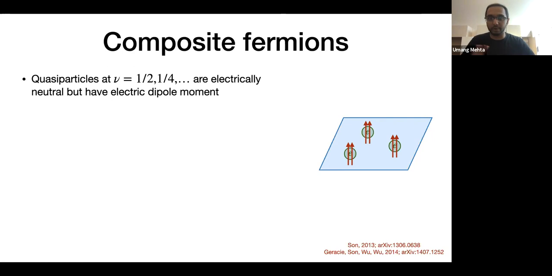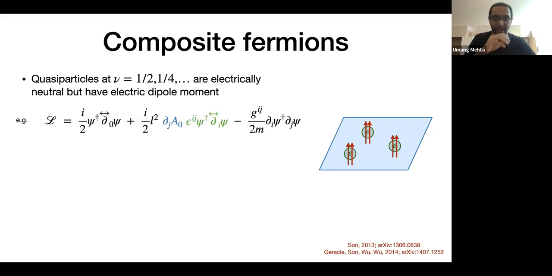In particular, we're going to be interested in the metallic states at even denominator filling on the lowest Landau level. And it's a known fact that quasi-particles for these fillings, like half, 1/4, etc., are electrically neutral, but do have an electric dipole moment.